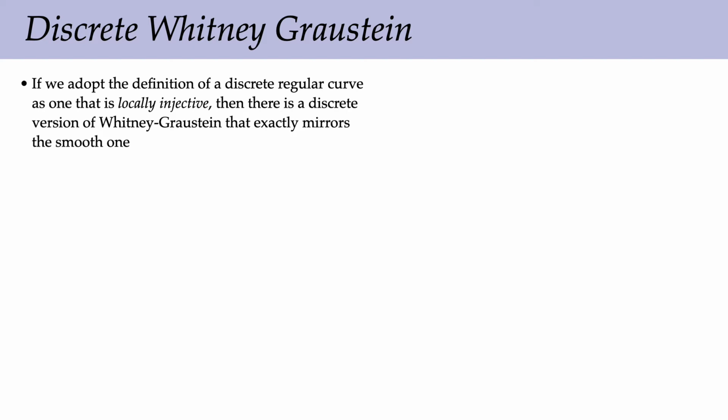What we're saying here is there are different discrete definitions we could adopt, and they have different consequences. In this case, if we say a discrete curve is regular if it's locally injective, then we get a very nice discrete analog of an important theorem. If we had stopped and said discrete regularity just means edge lengths are non-zero, then we would not have this theorem.